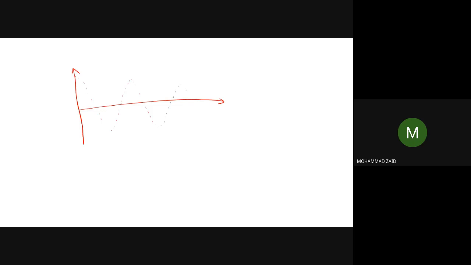It will be like this because in each cycle the magnitude will be decreasing, and finally after many cycles it will settle down to its final value. So the response will be something like this.